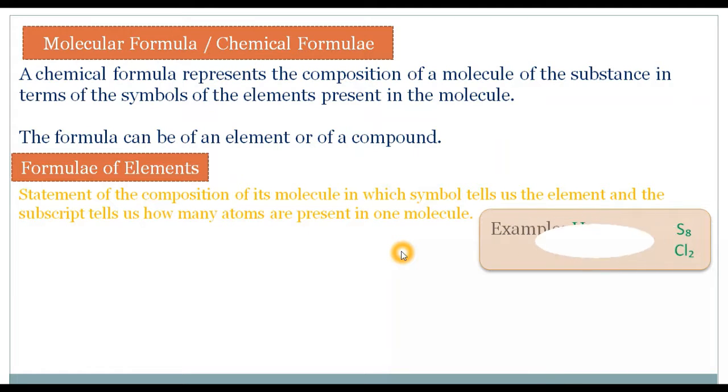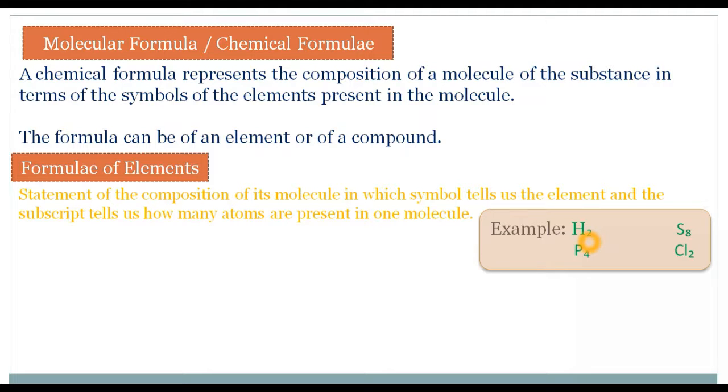Let's try to understand it by an example. Suppose we are having one molecule of hydrogen element. So hydrogen is an element and we are having its one molecule. We know that one molecule of hydrogen element contains 2 atoms of hydrogen. That means the formula will be first the symbol for the element, that is H, then we write in the lower figure, in the subscript, the number of atoms.